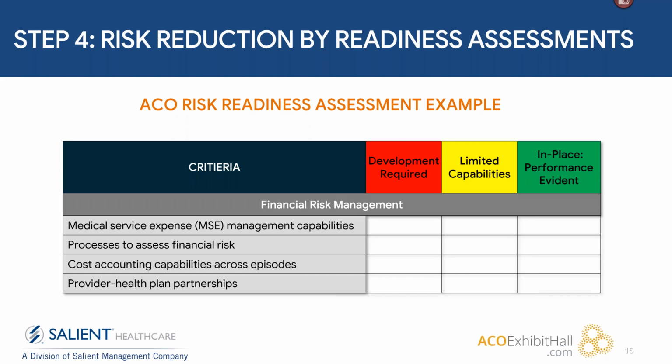One final comment on this slide. Categorical items that are assessed as development required or have limited capabilities, those are the ones that need specific action plans to bring them into the green in place status. Those action plans will include specific steps, kind of what we saw earlier, specific steps needed to improve the categories and the timeframes to complete the associated step.